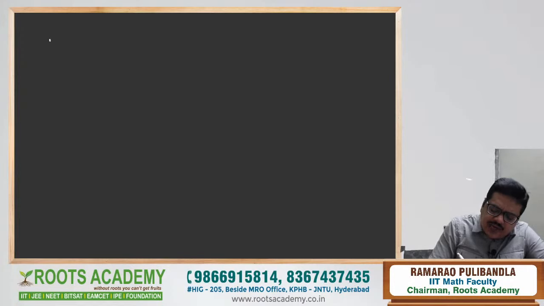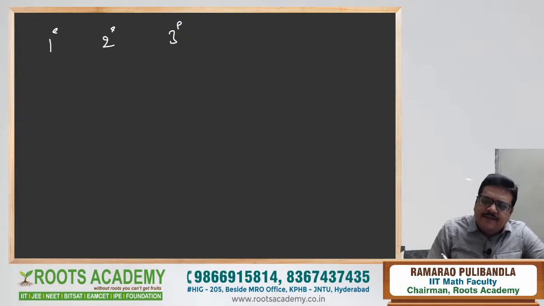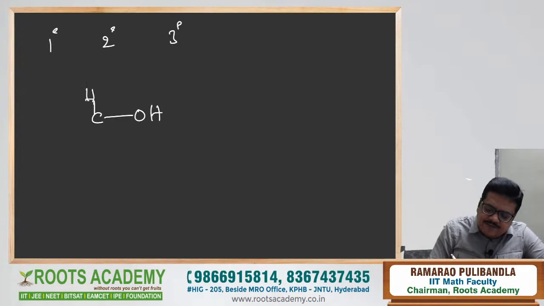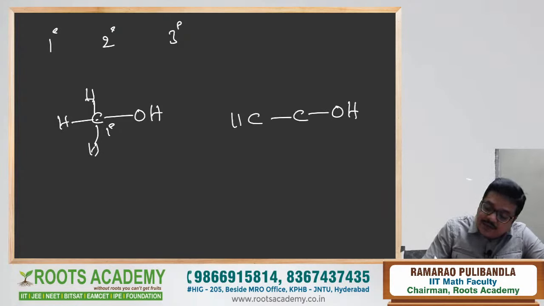Now I want to say primary, secondary, tertiary. For example, if the OH group is attached to a carbon which is attached by no other carbons, it is primary. If the OH group is attached to a carbon which in turn is attached by one more carbon, it is also primary.